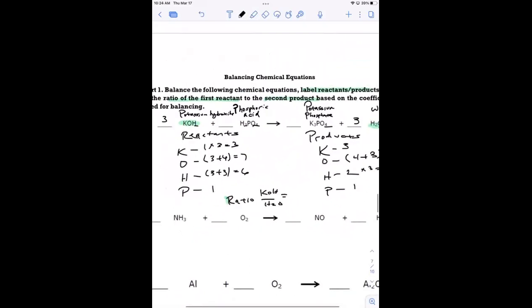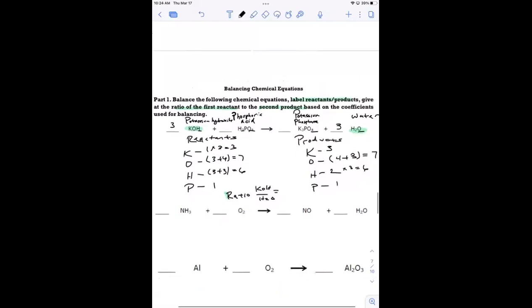All right, the way we determine that is to take the coefficients. The coefficient in front of KOH is 3. It's the first reactant, which is KOH on the reactant side, and the second product, which is water on the product side.